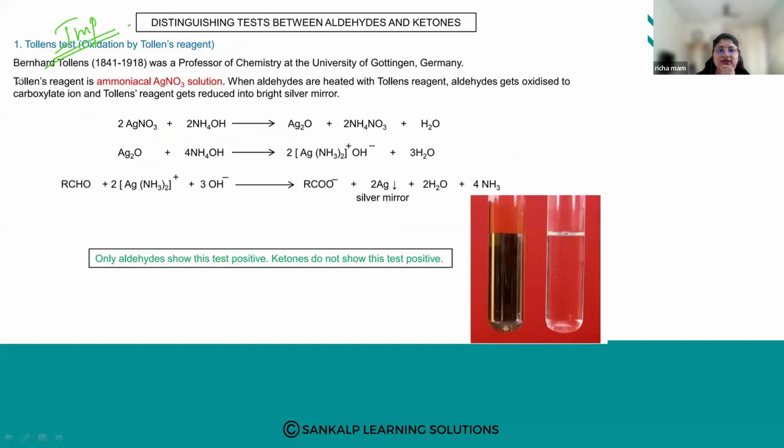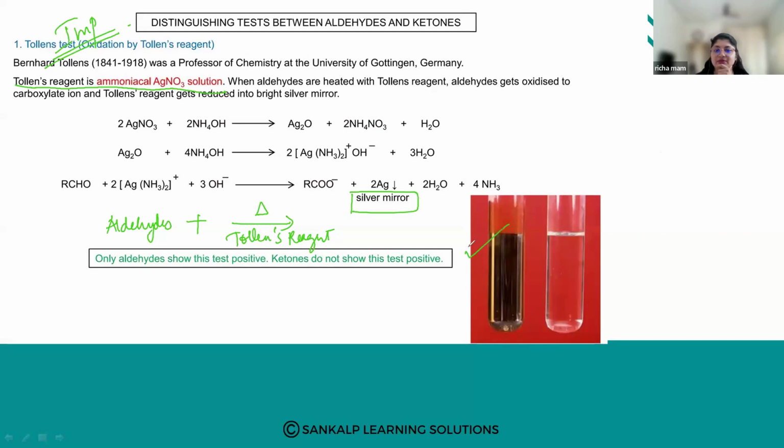What happens when aldehydes are heated with Tollens reagent? You take the aldehyde and heat it with Tollens reagent, and it forms a bright silver mirror.